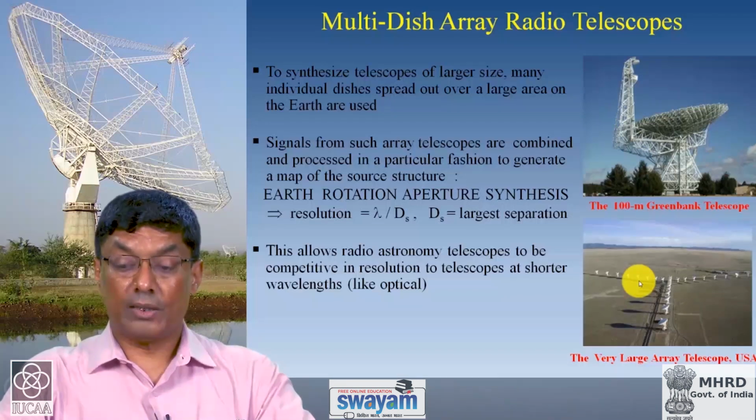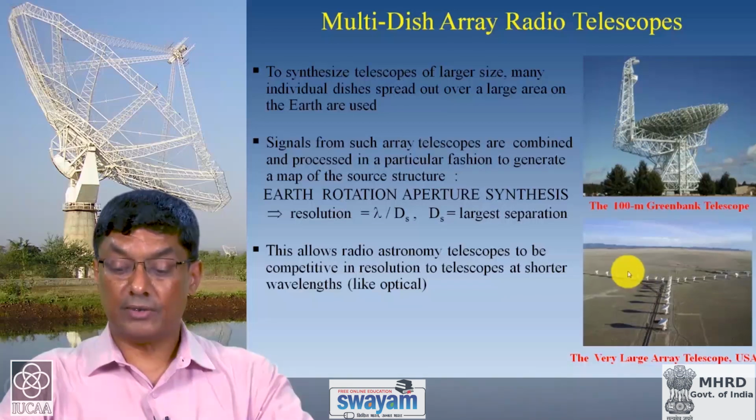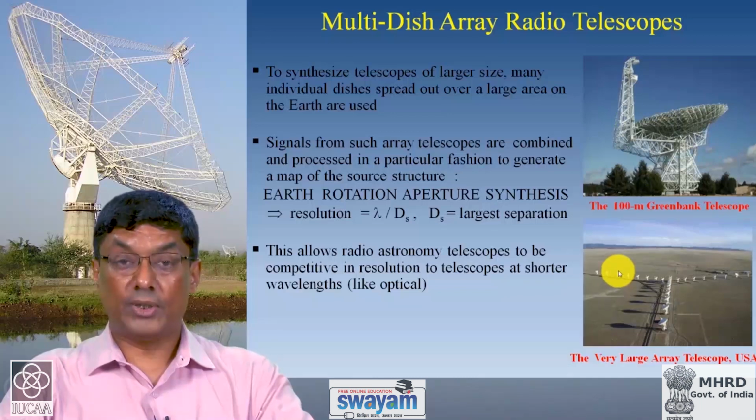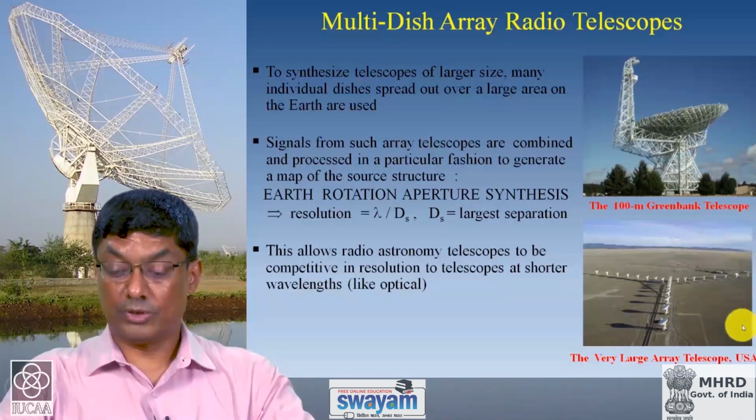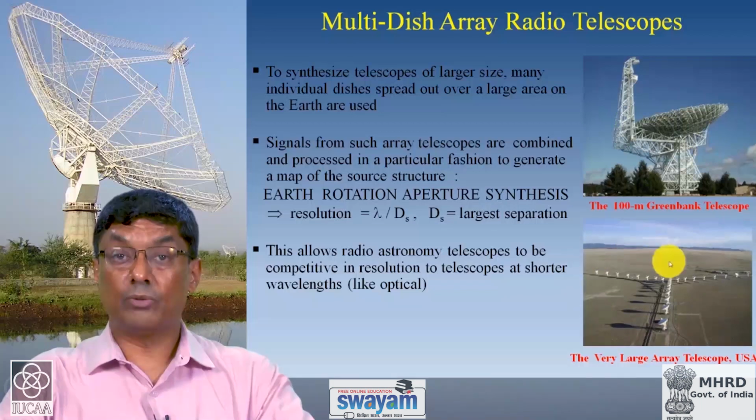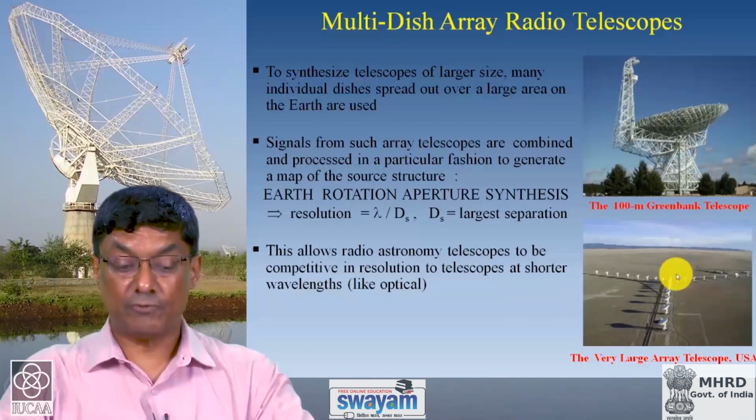And the idea is that you can combine the signals from these antennas in a manner whereby you can recover an image with a resolution which is effectively what you would have got if you had built a single dish whose diameter was equal to the area over which the individual antennas are spread out.